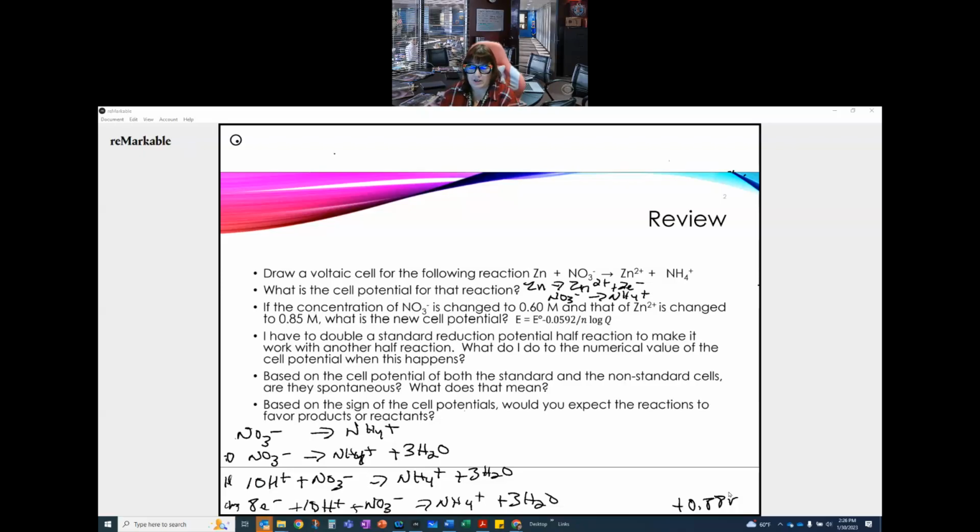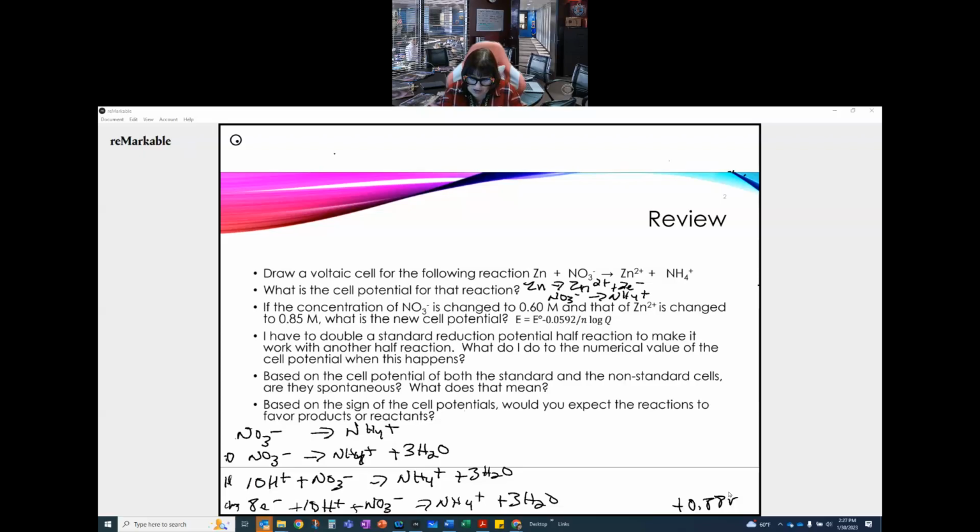So just double checking this, I see that I have 1 nitrogen. I have 10 hydrogens on my reactant side, and on the product side I have the 4 from the NH4, and then 6 from the H2O, so that's a total of 10. I have 3 oxygens on my product side, I have 3 on my reactant side, and of course my net charge on the product side is plus 1.